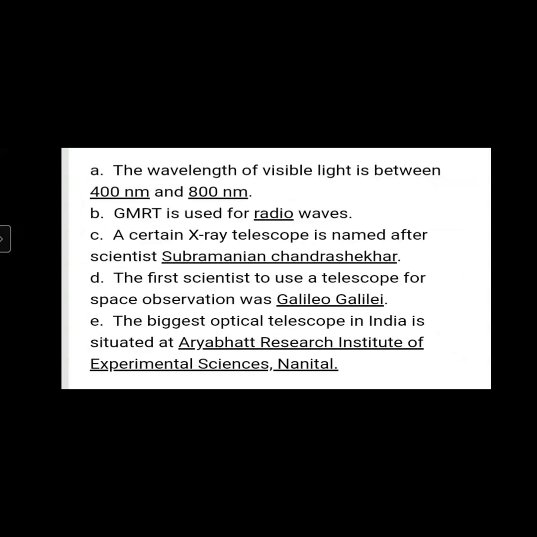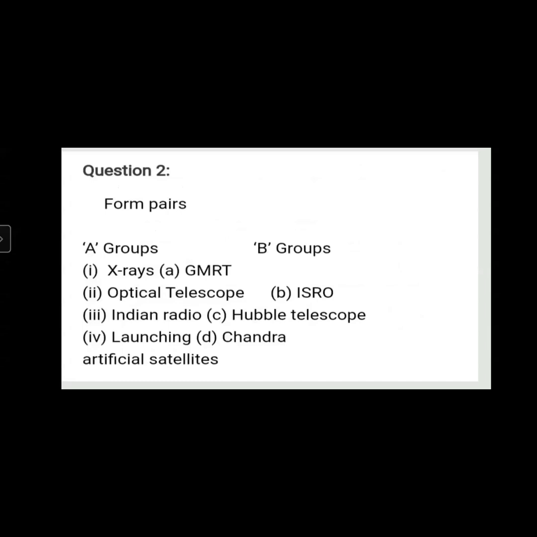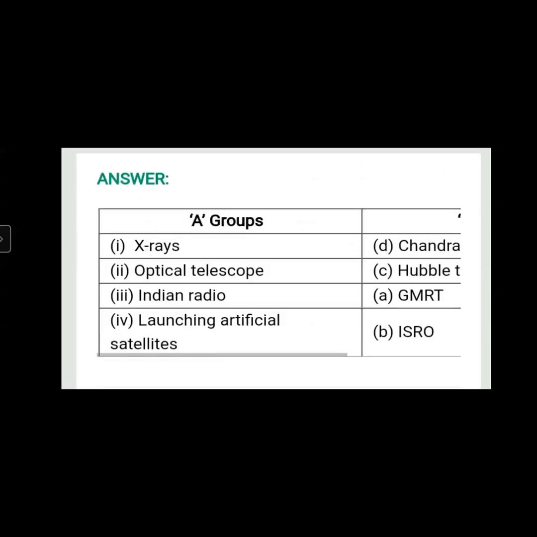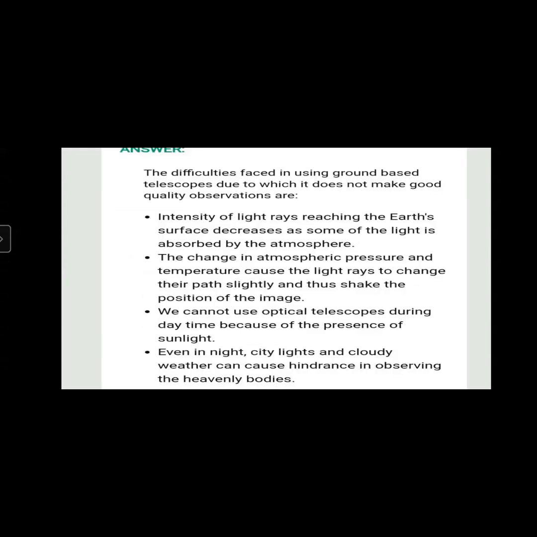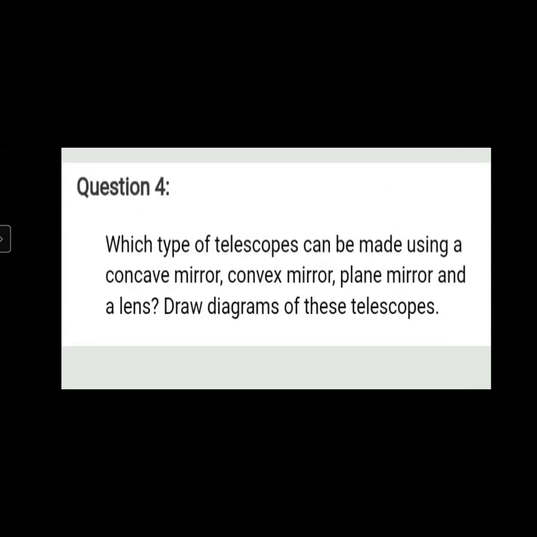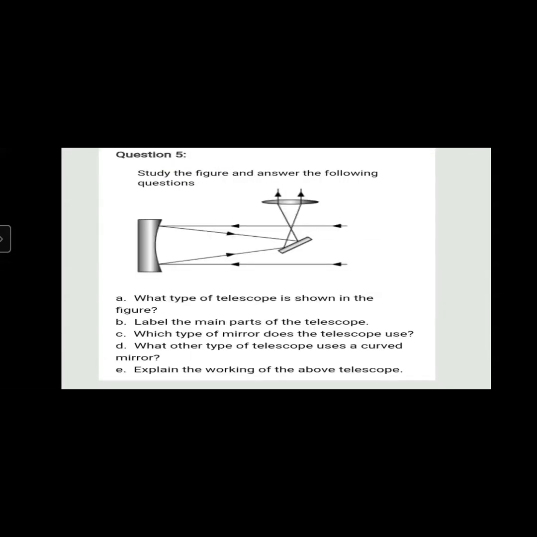So there are 6 questions. We'll revise quickly. Fill in the blanks are there. Then match the pair. Then question number 3. Then we have question number 4. We have done it. Question number 5. This is an important question.